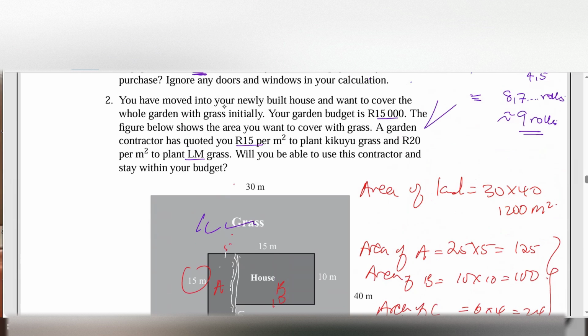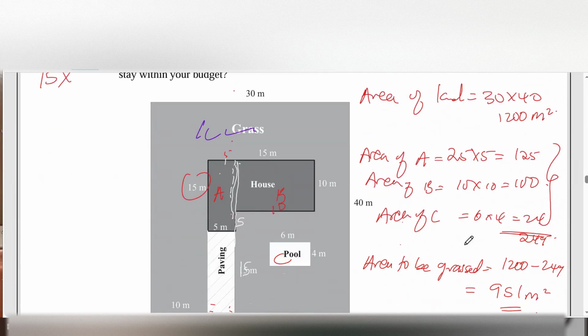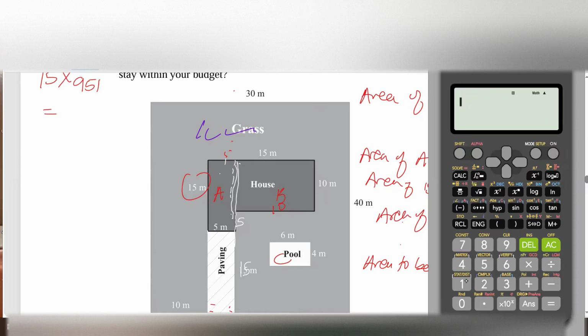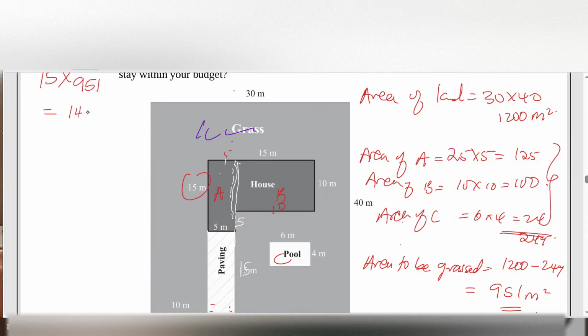Now let's go to the comparison of the budget. They're telling us that you have to pay 15 rand per square meter for the Kikuyu grass. So 15 multiplied by the area 951, that's 14,265 rands.